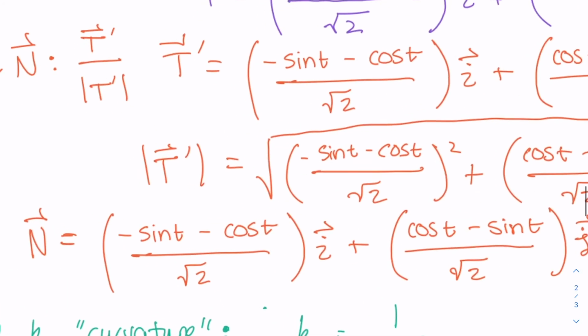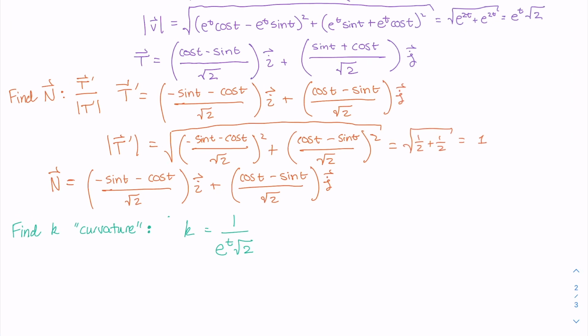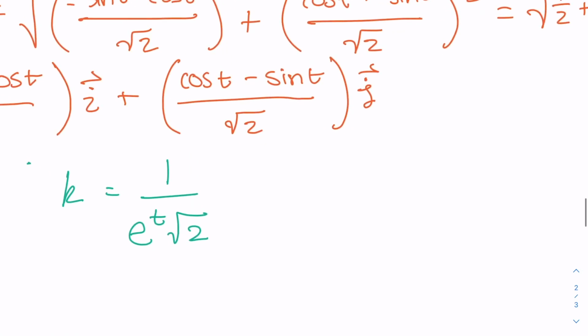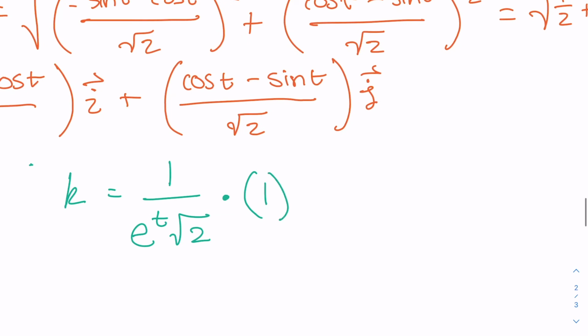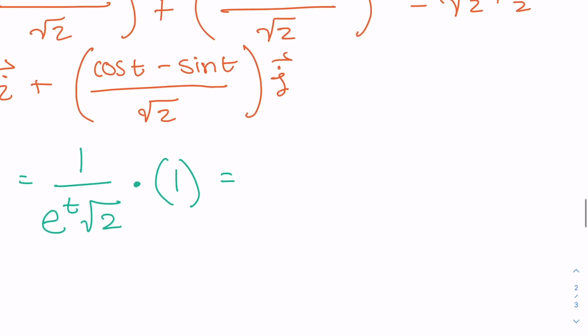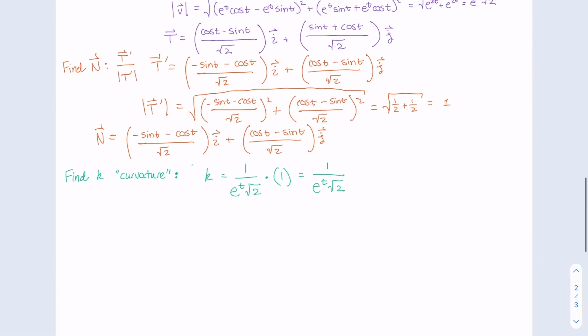That's the magnitude of the derivative of the unit tangent, which conveniently is just 1. So we get times 1, which ends up giving us 1 over e to the t square root of 2. That's the curvature at every value of t.